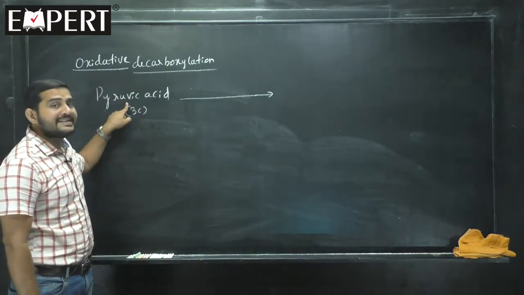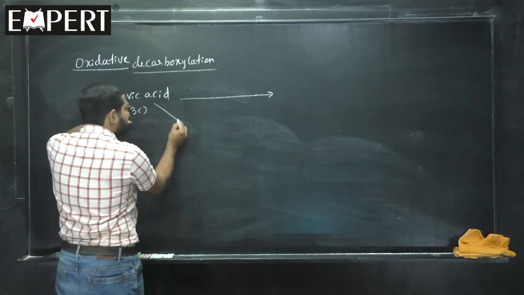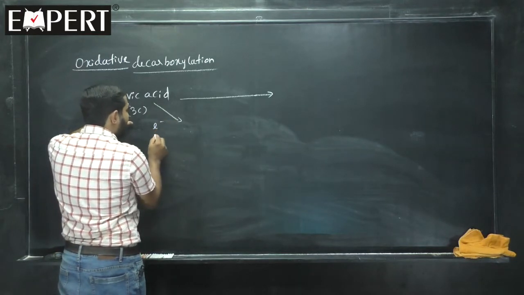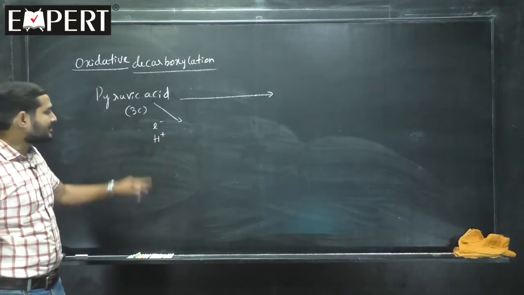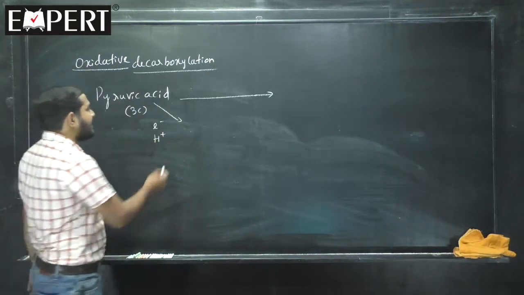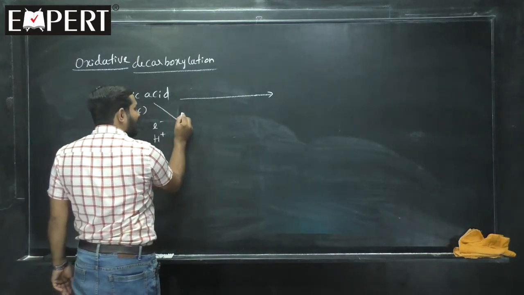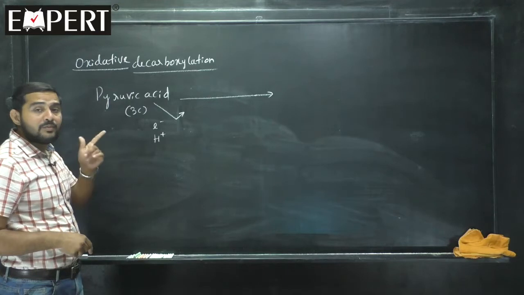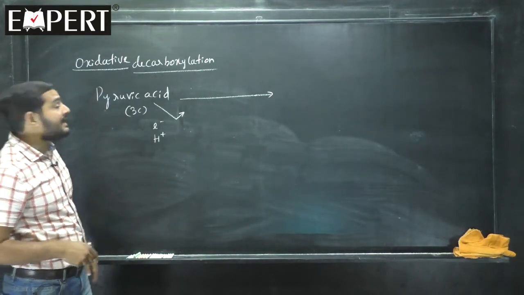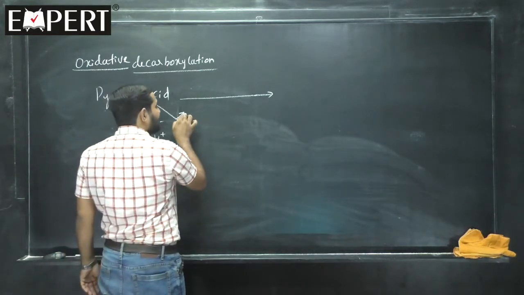When a pyruvic acid undergoes oxidation, it will lose the electron and proton. This electron and proton lost by the pyruvic acid is going to be accepted by NAD plus.